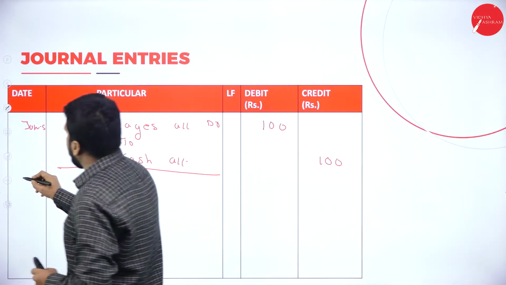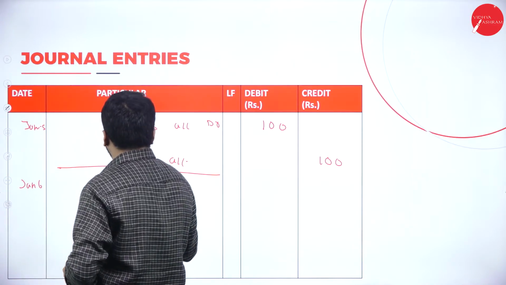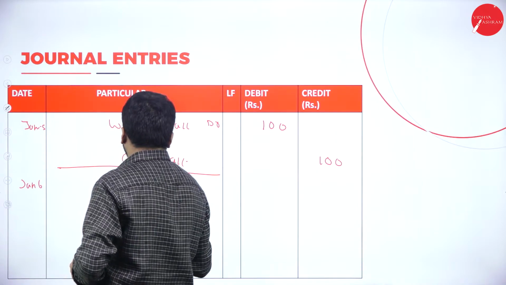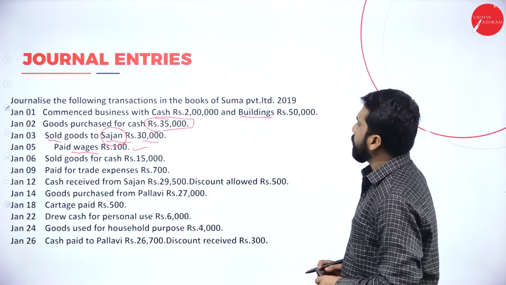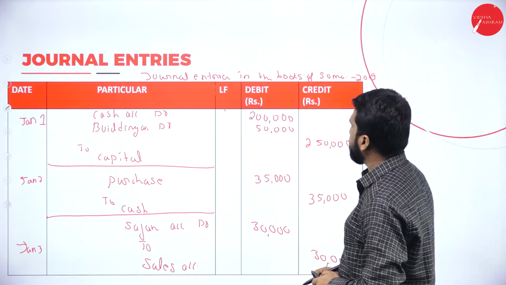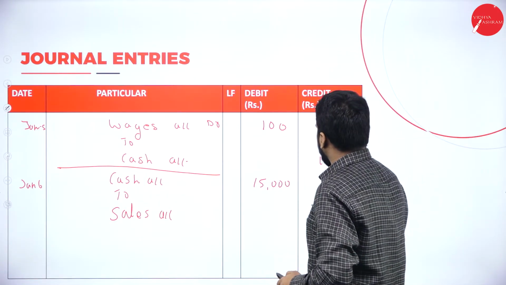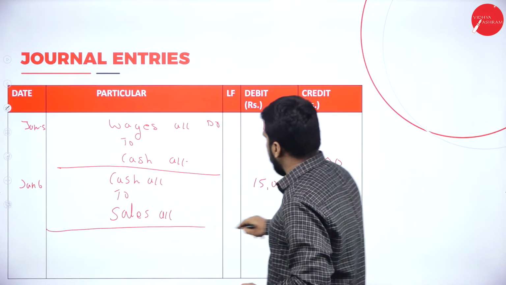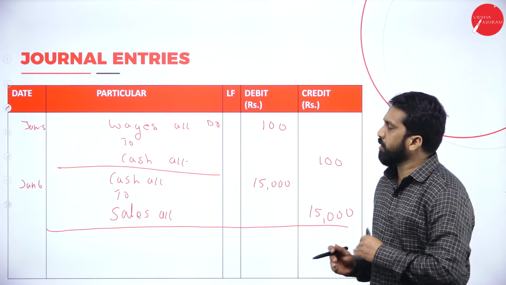Now, January 6th, cash account debit to sales account. The amount is 15,000 and 15,000. Any doubt up to this? Hopefully there is no doubt. Clear? Yes, we'll go for the next one.